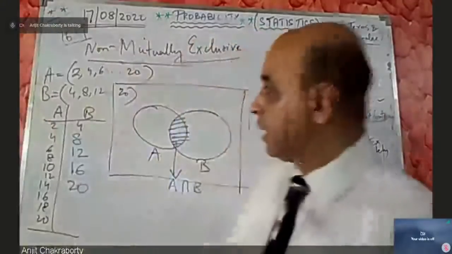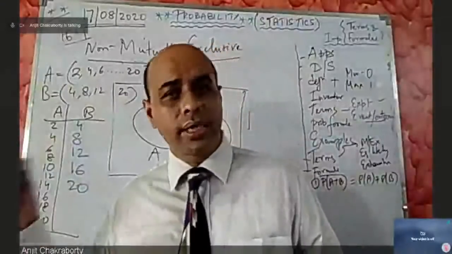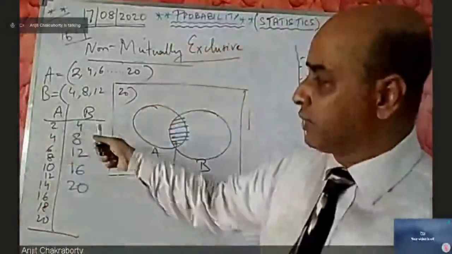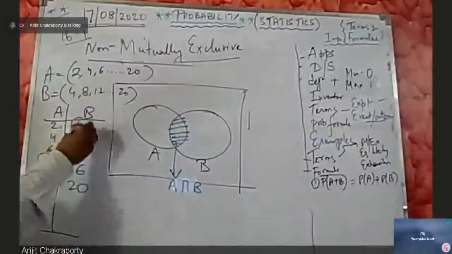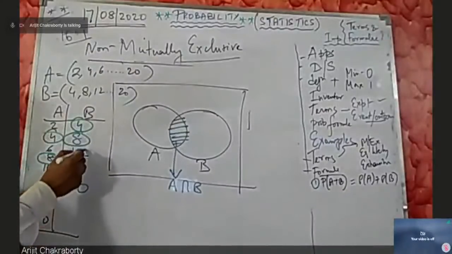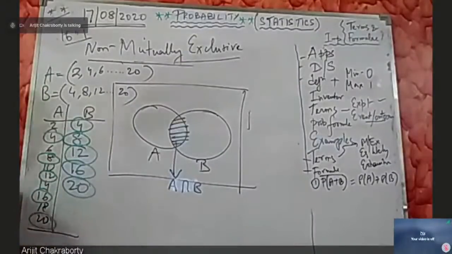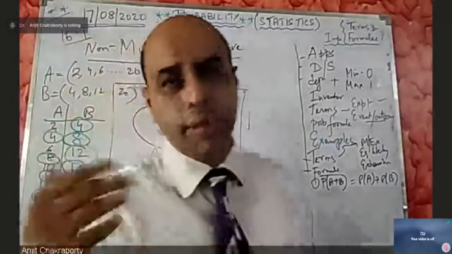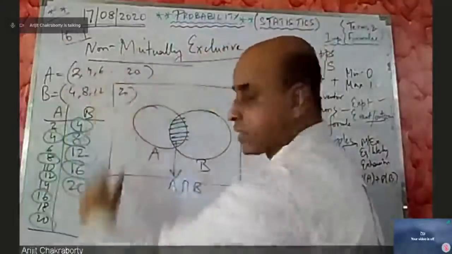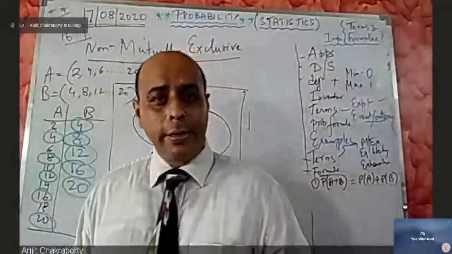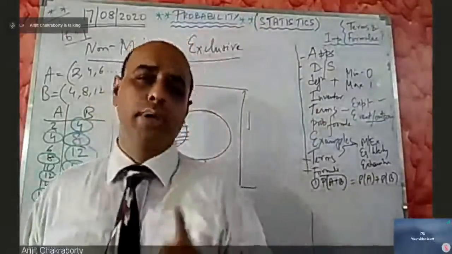If I want to find out whether they are mutually exclusive or not, you can see out of these numbers, there are certain common numbers: 4, 8, 12, 16 and 20. That means these two sets are not mutually exclusive, which means in this example, the two events which you see here are not mutually exclusive.